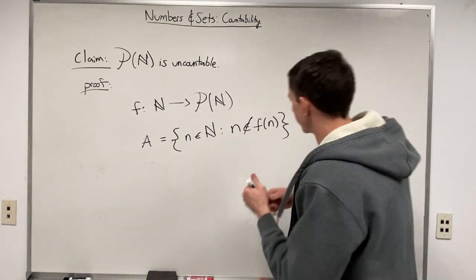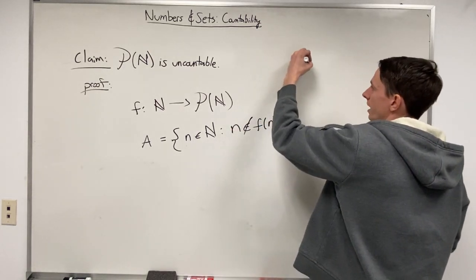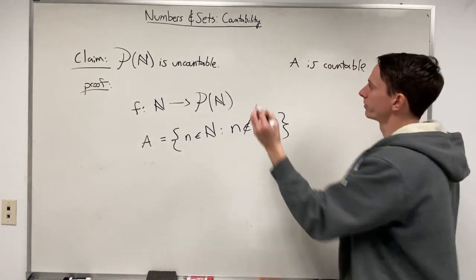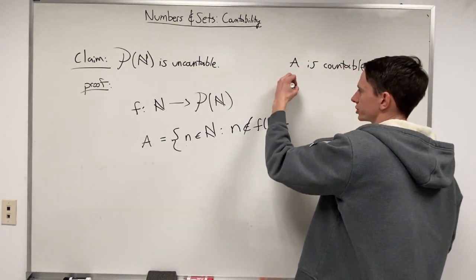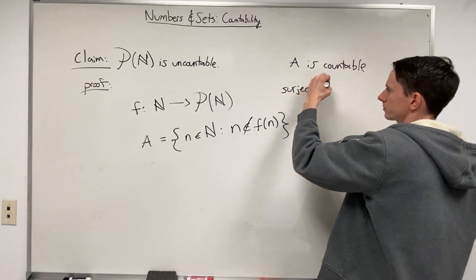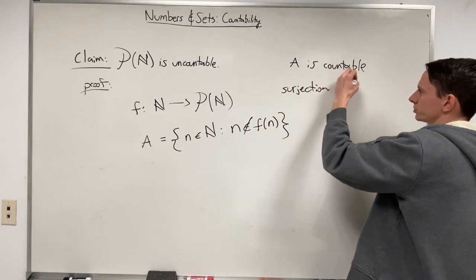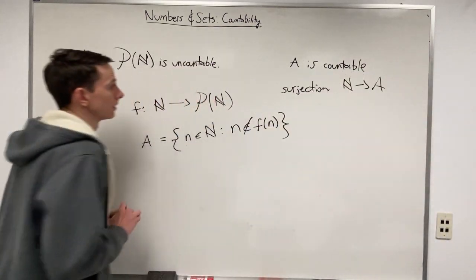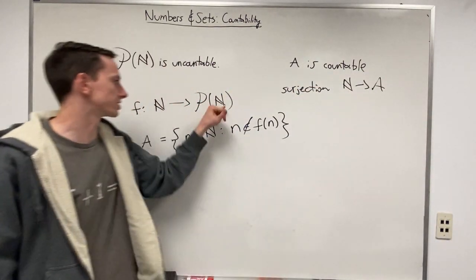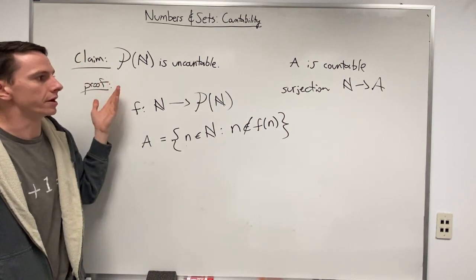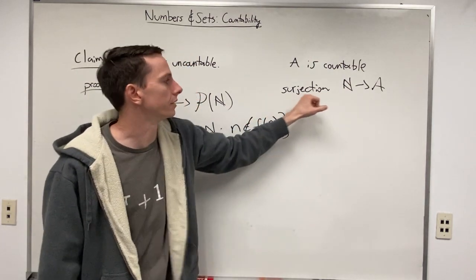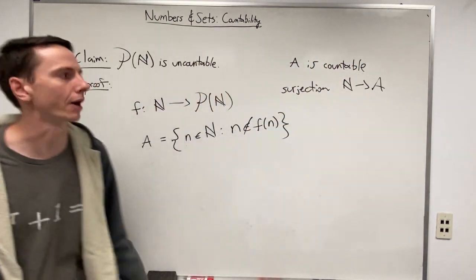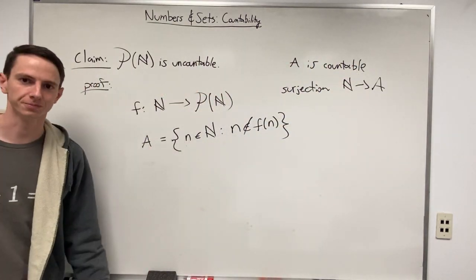Because if you remember at the very beginning, we said that A is countable is equivalent to saying that there is a surjection from the natural numbers to whatever set we're looking at. So we replace A with the power set of the natural numbers, and then we can just take the contrapositive by saying if there's no surjection, then it's not countable, or it is uncountable.